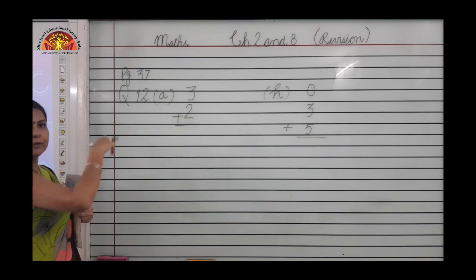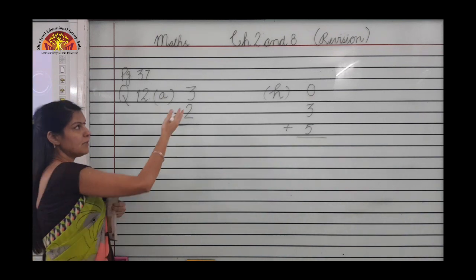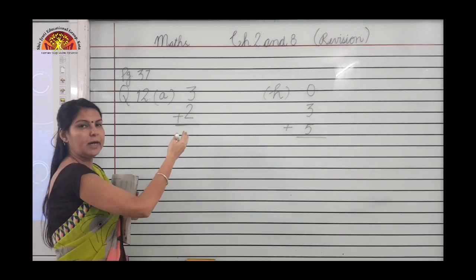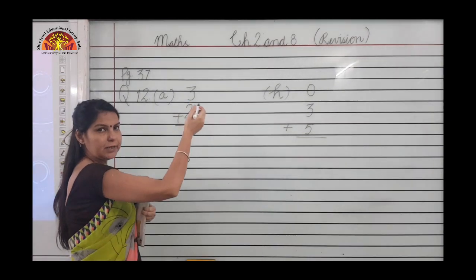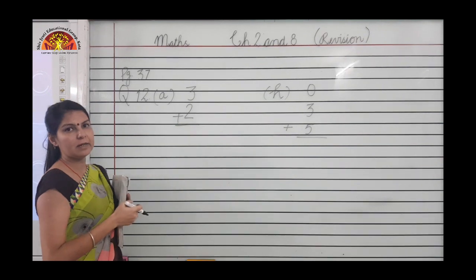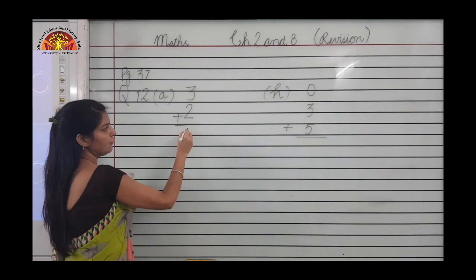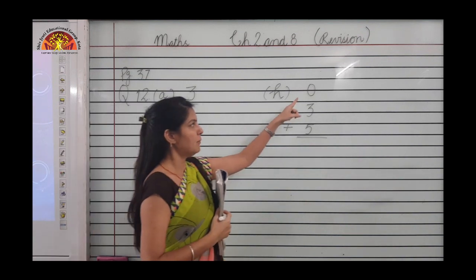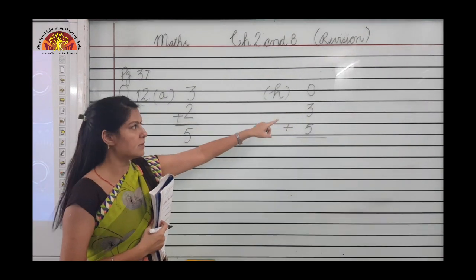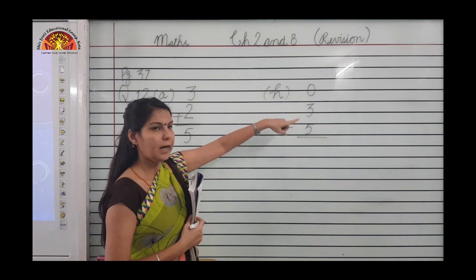Now we will see question number 12 on page number 37. This is the A part of this question. Now the numbers are given in vertical form, and we will add these numbers. We will start counting after 3 and will stop where 2 is coming on our finger. It will be 5. And here this sum is based on 3 numbers, 0, 3 and 5.